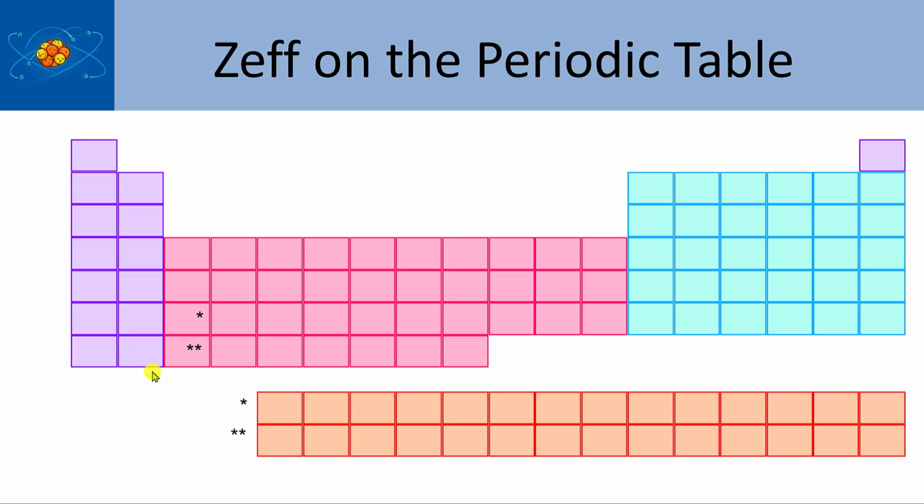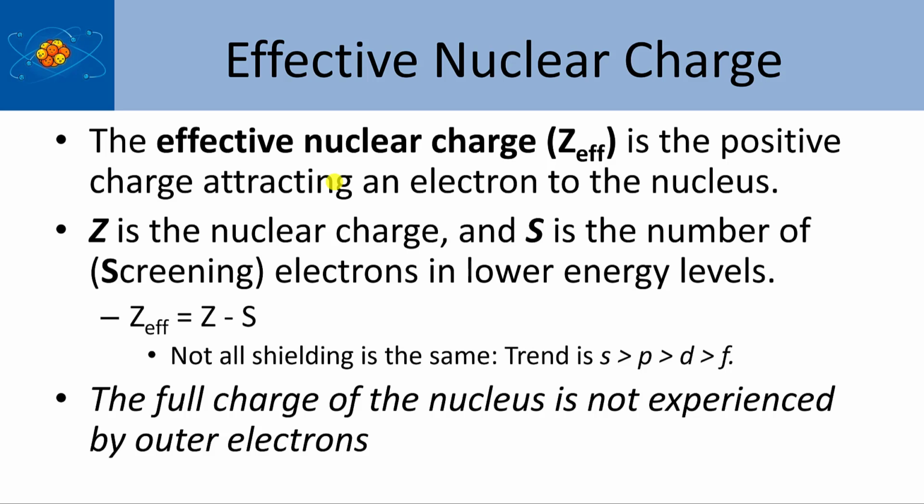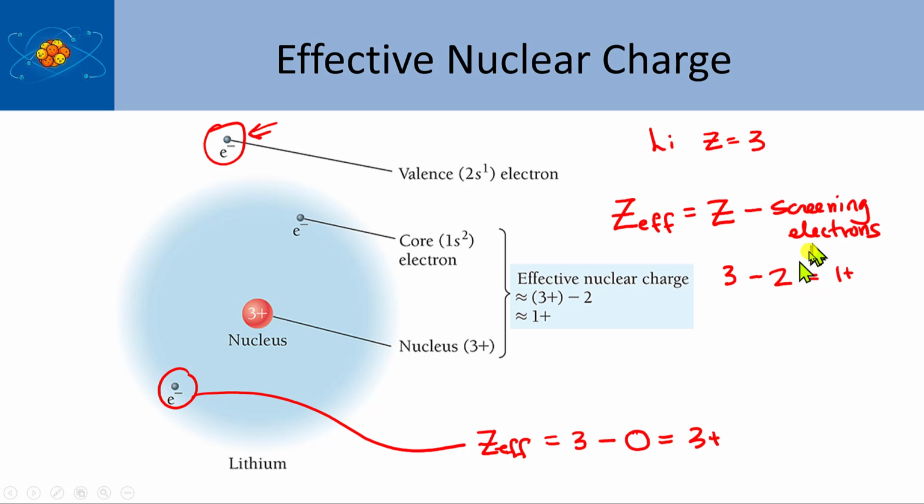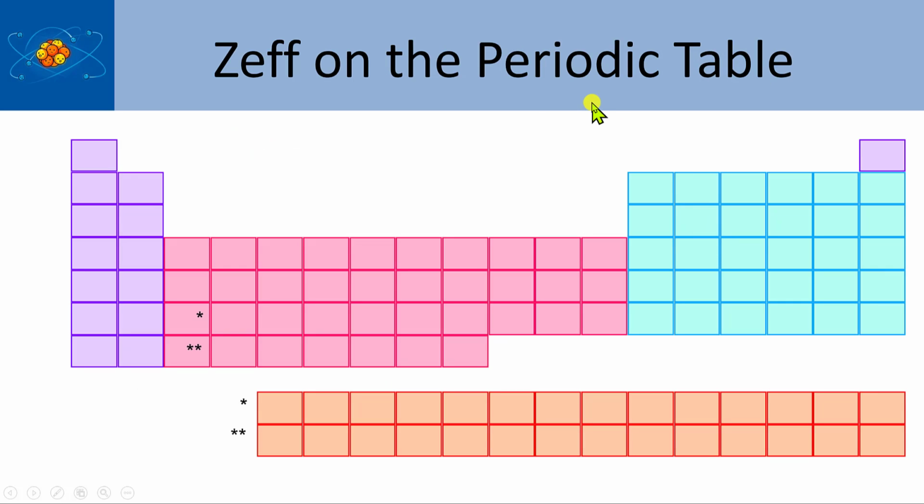So I wanted to show you sort of briefly how the effective nuclear charge varies on the periodic table, assuming that we're still using this approximation that you just take the screening electrons and subtract it from the nuclear charge. So you think about nuclear charge in any position of this periodic table. Hydrogen's up at the top left, so the nuclear charge here is 1, 2, 3, 4, and then 5, 6, 7.